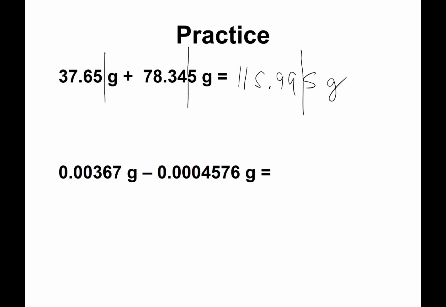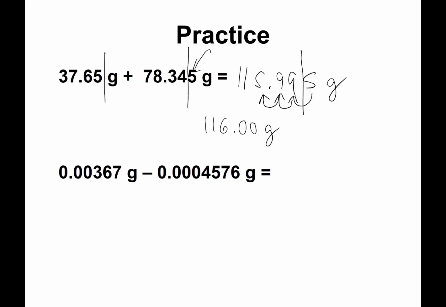If you're adding or subtracting the same unit, you can just simply do that. But now we have to round, so this is going to round that to a 0, which will round that to a 0, which will round that to a 6. So our final answer is going to be 116.00 grams. So now we have 2 behind the decimal, right? We cannot go out to 3.